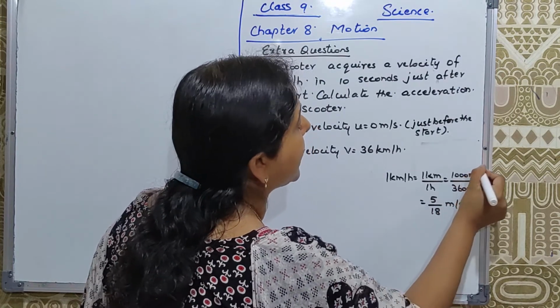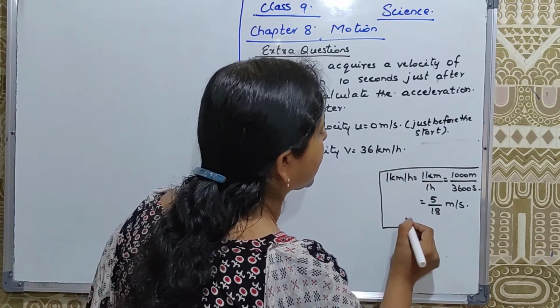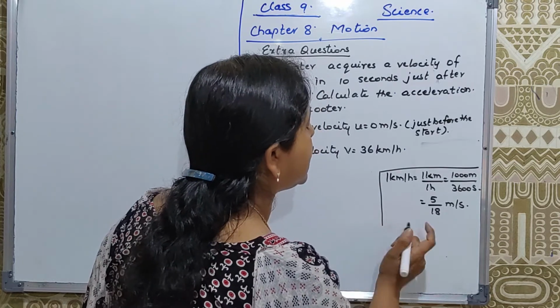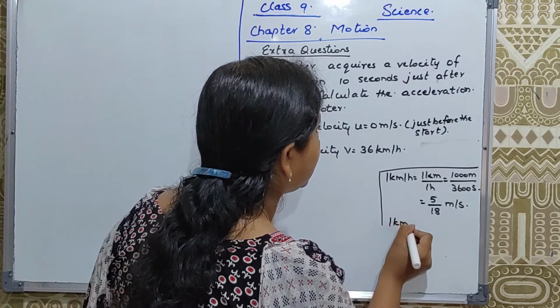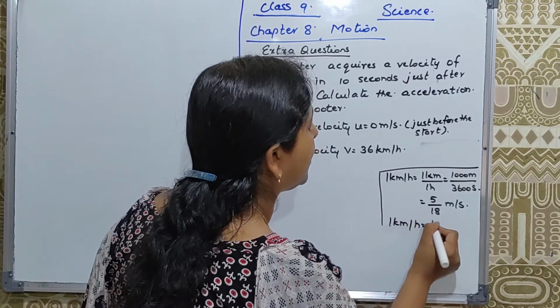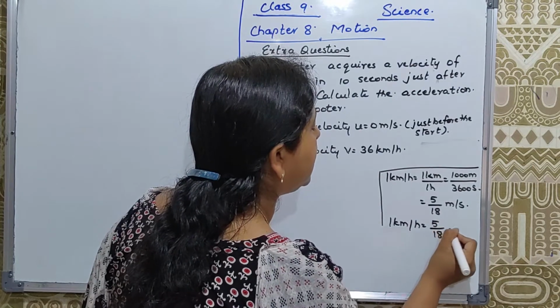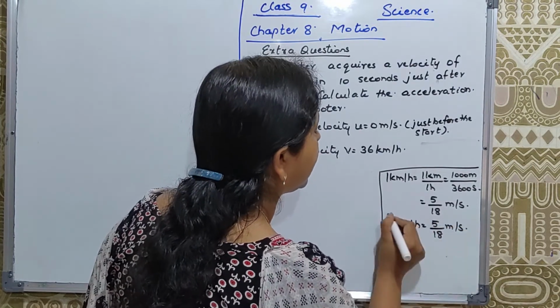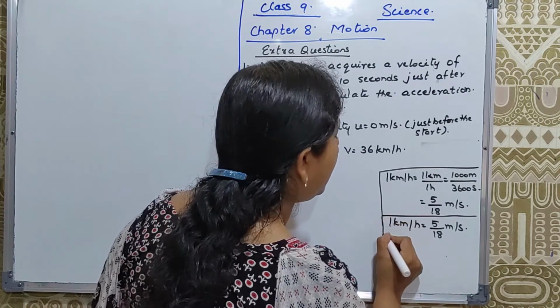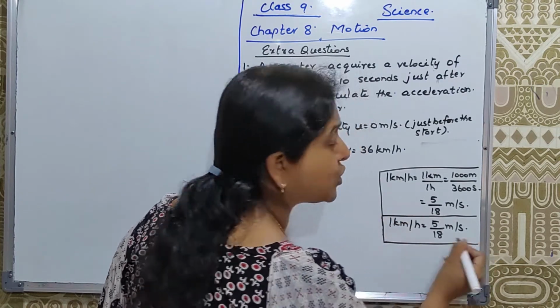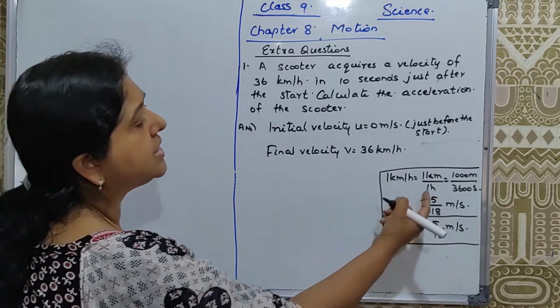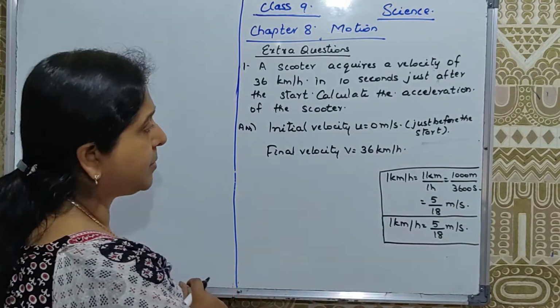So learn by heart directly: 1 kilometer per hour equal to 5 by 18 meter per second. That is the conversion for kilometer per hour to meter per second.